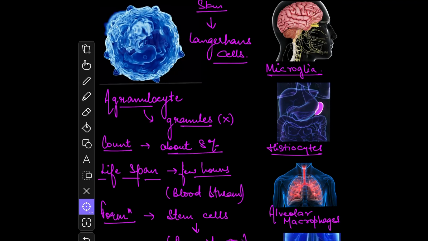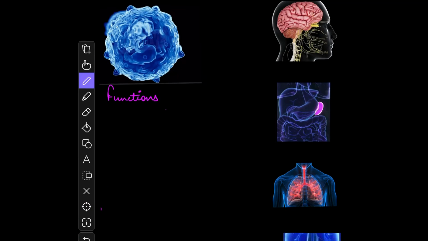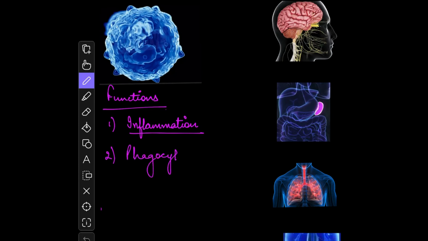Now let us look at the functions of monocytes. These monocytes are very important as they are found at the site of inflammation. This is usually a response of white blood cells when they fight against microorganisms. Now the second function is that they help in phagocytosis.